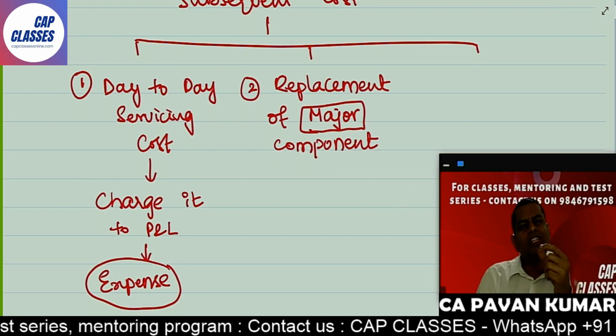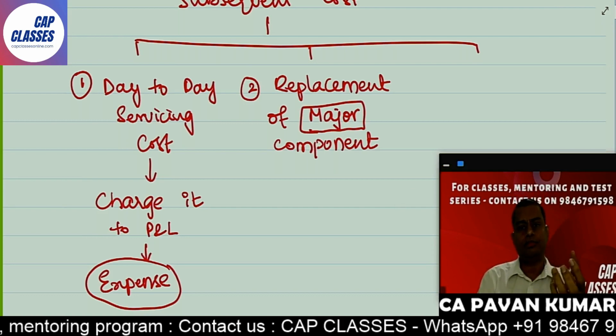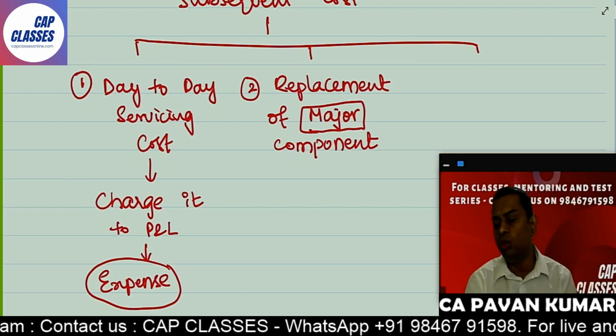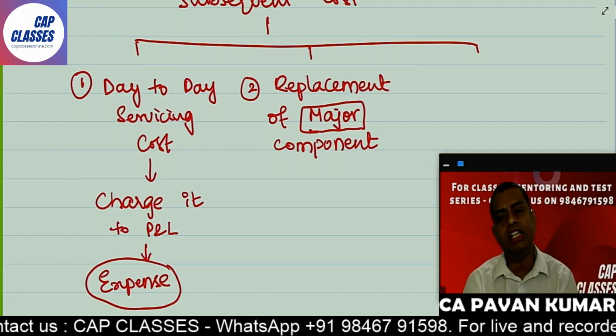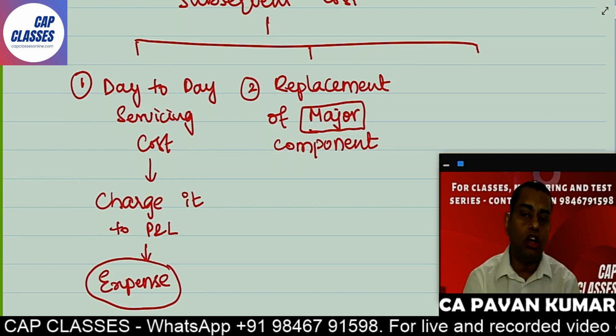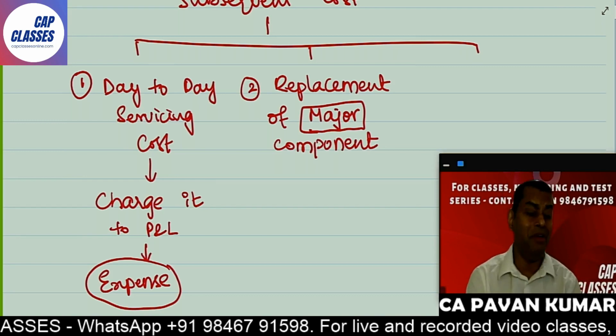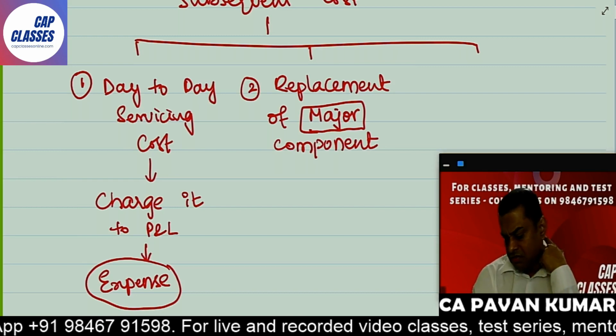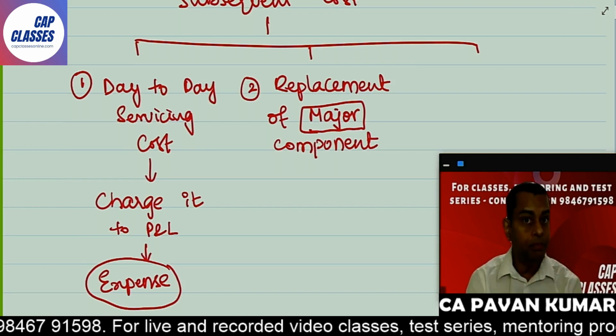If it is replacement of a small component, Pavan sir, I have a car. I changed the tire because this tire has become flat 2-3 times in the last 6 months. I have spent some 5,000 rupees for that. Should I capitalize? May not, looking at the situation. It is not material, so charge it to P&L.